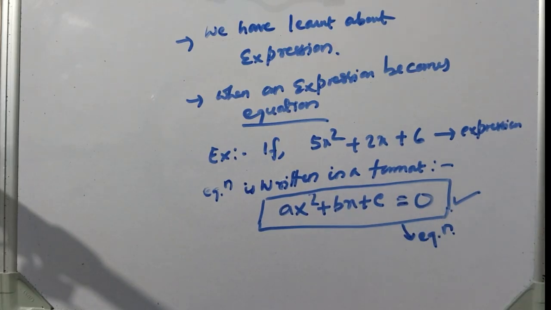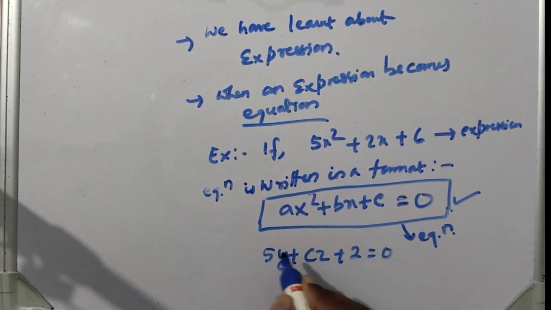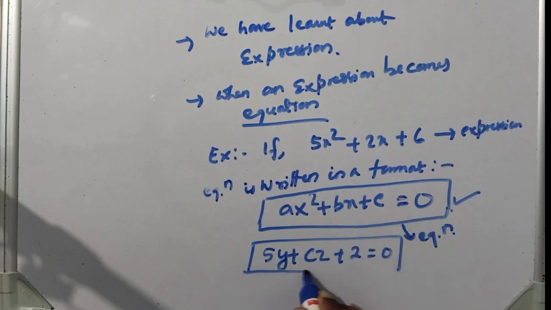Okay, so suppose we write 5y plus 6z plus 2 is equal to 0. Is this an equation? Yes, it is an equation, because y is a variable, z is a variable, and 6 and 5 are constants.